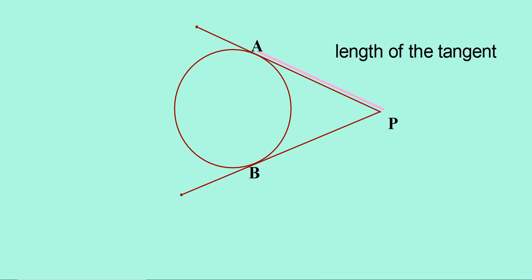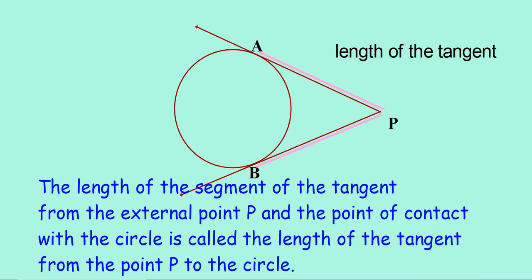So here PA and PB are the lengths of the tangents. So we can define the length of the tangent as the length of the segment of the tangent from the external point P to the point of contact with the circle, called the length of the tangent from the point P to the circle.